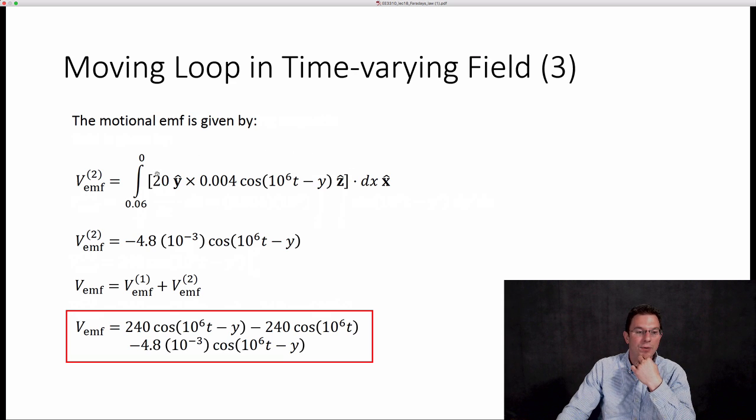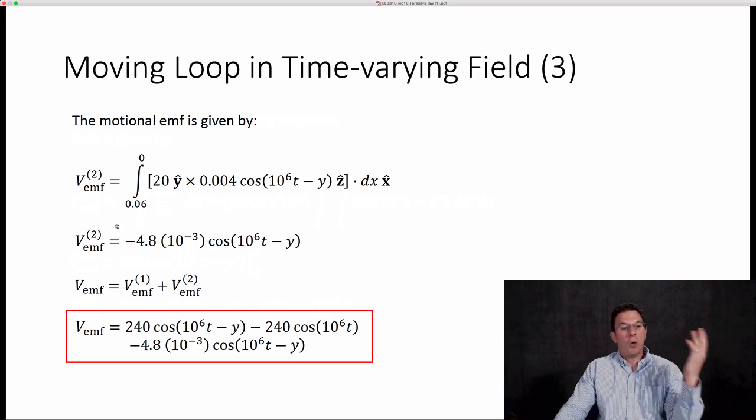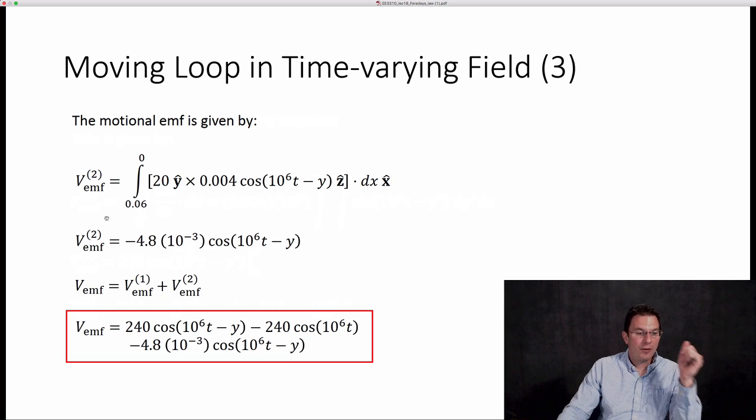That gets you a factor of 0.06 out front. The minus sign has to do with the fact that we're integrating from 0.6 up to 0 rather than 0 to 0.6. Okay. So multiplying those factors together, the motional EMF is right here. This is the motional EMF.